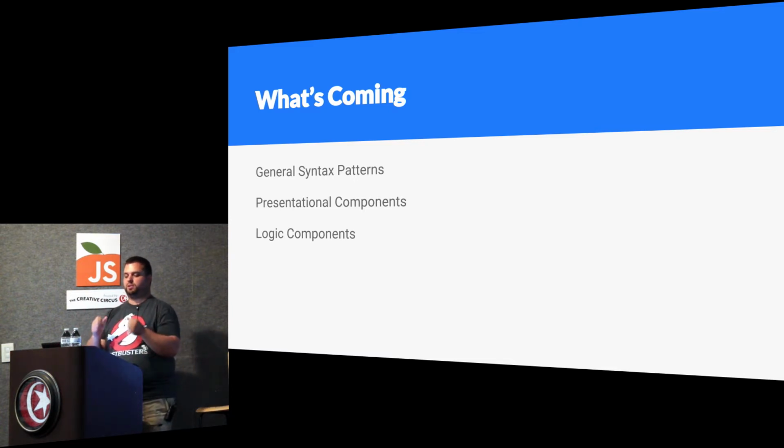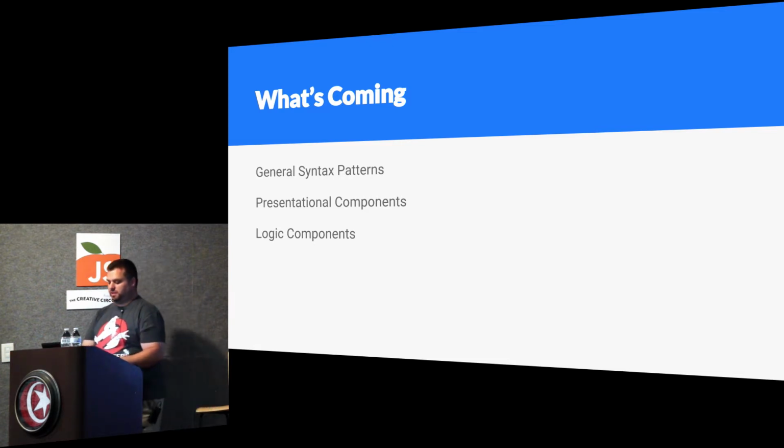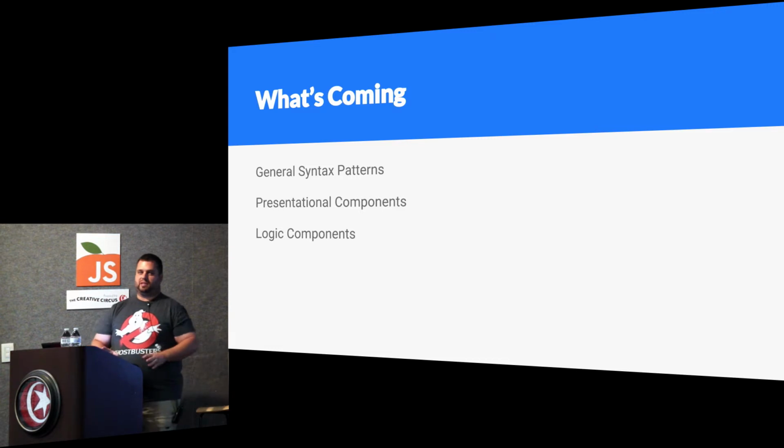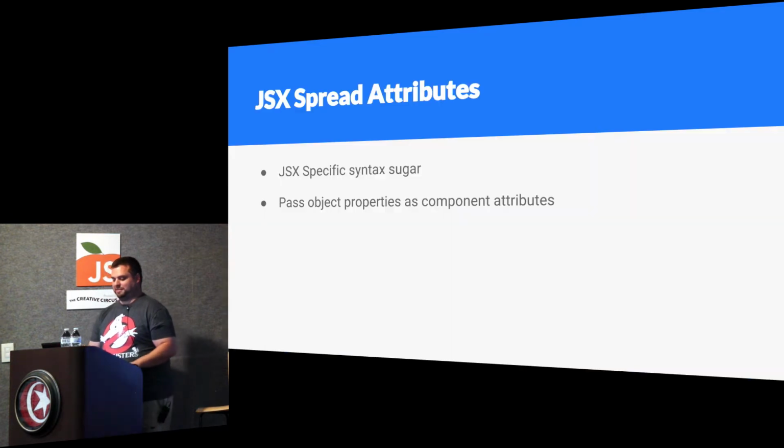We'll talk about presentational components and logic components. I broke them down into two because typically what you want to do is separate concerns in React, where you have a presentational component that just presents data, and then you have a logic component which will handle all of the logic of the application itself, which is always easier said than done because I just like to cram everything into one component, call it a day. But they're best practices anyways, right?